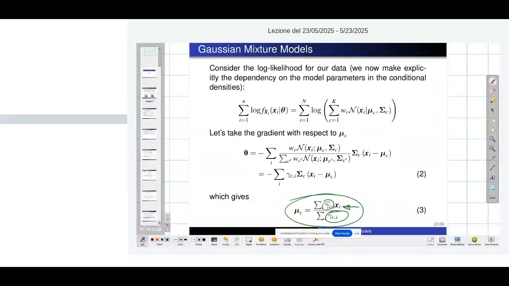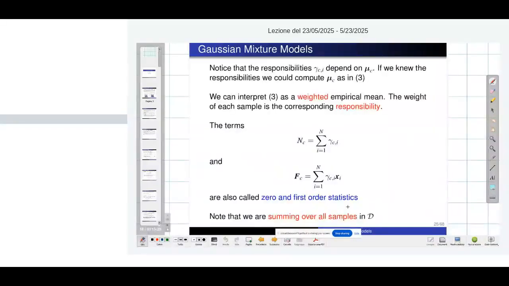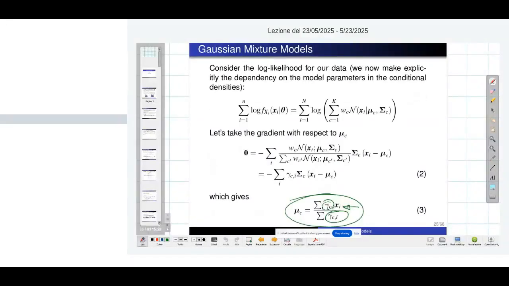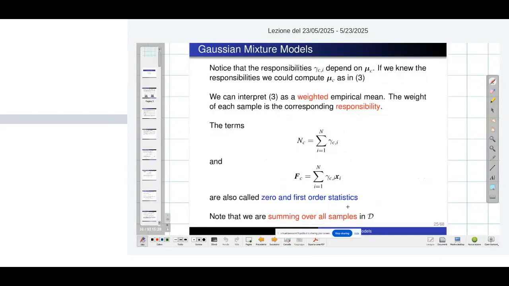Now, for this to be true, we will need a similar expression for the covariance matrix. And as you can expect, that's exactly what we will find. If we were to write the solution for the covariance matrix, we will find a similar expression. Before we see the solution for the covariance matrix, let me introduce a couple of terms.